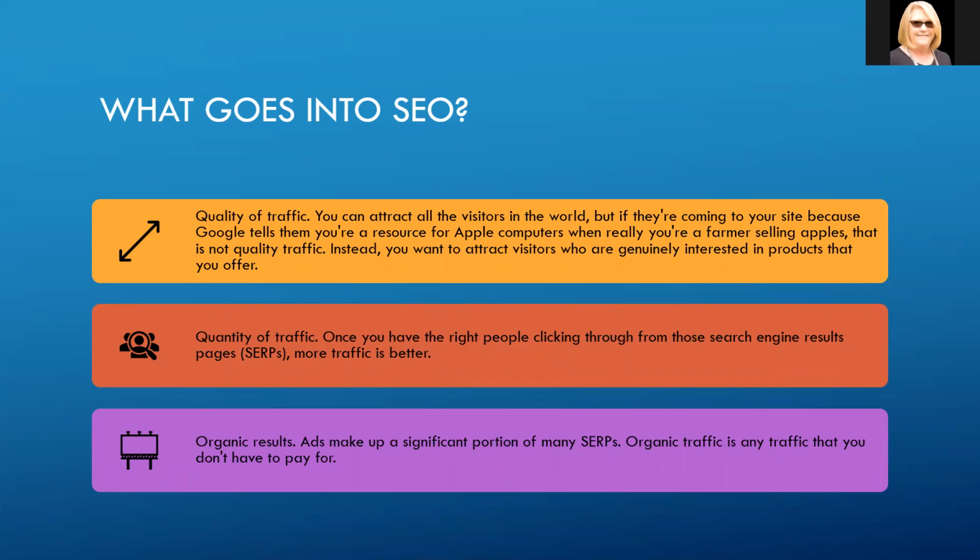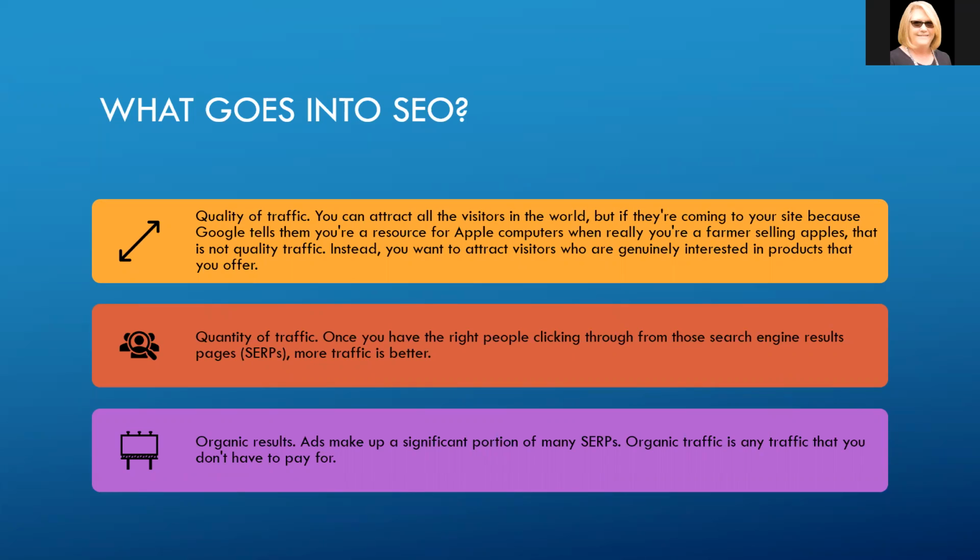So what goes into SEO? We've already talked about quality and quantity, that's the biggest thing that they look for. So quality of traffic. You can attract a lot of visitors, but if they're coming to your site and bouncing, what we call bouncing, it's not going to be quality traffic, okay?